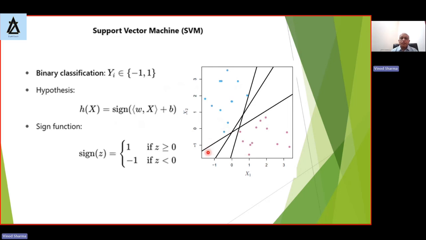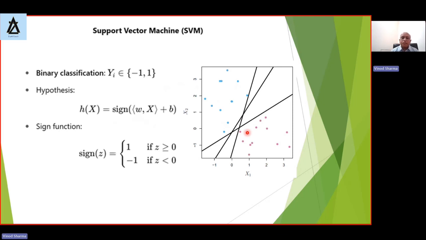And these lines that you see here correspond to different hyperplanes. Choosing different w and b, we get these different lines. Choosing any one of these lines classifies these points into two classes: the points above the line and the points below the line. This corresponds to when h(x) has value +1, and this corresponds to when it has value -1. As you can see here, for this data, we can have different hyperplanes corresponding to different w and b, which classify the points in the training sequence correctly.